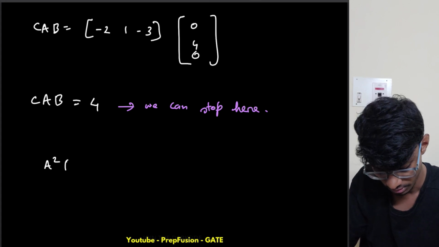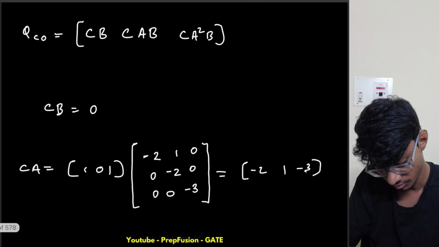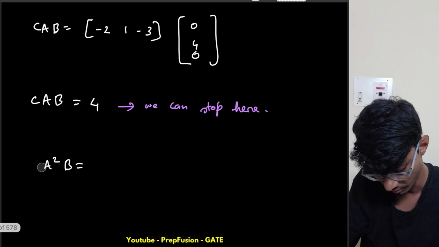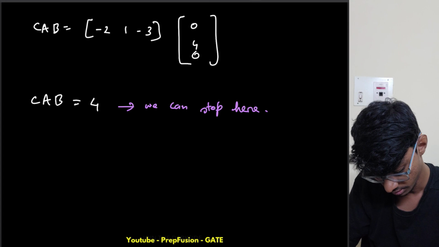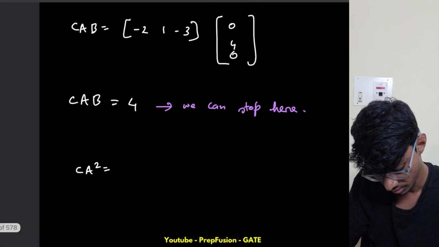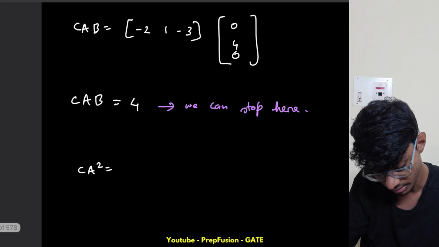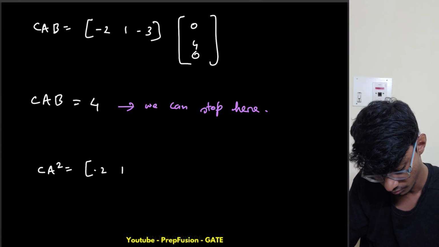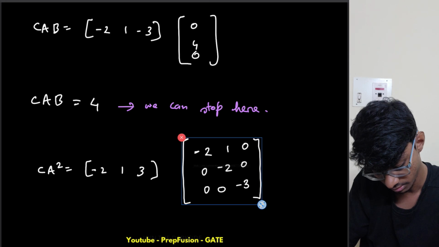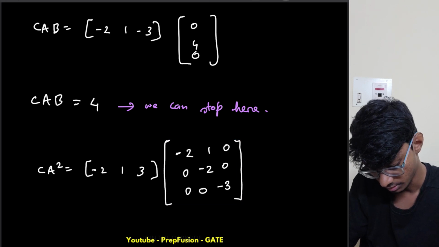Okay, and this is A square B. So what is A square B? Let me do CA square again. CA square is basically this minus 2 1 3 times A. So A is this one.